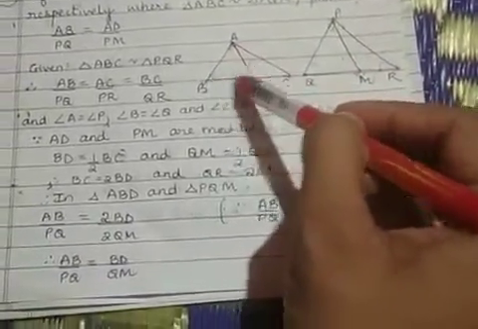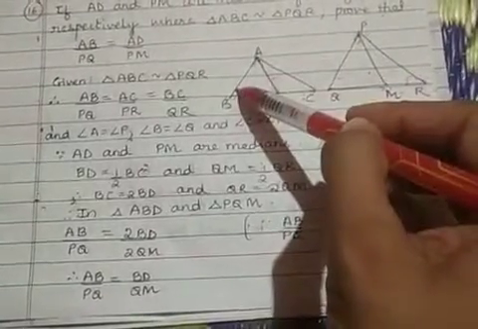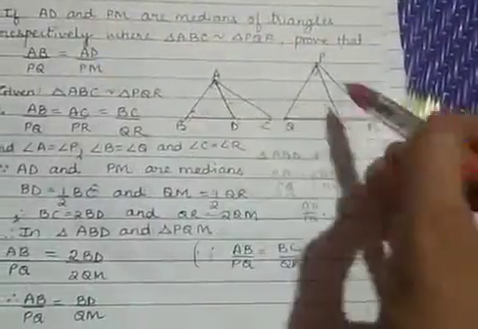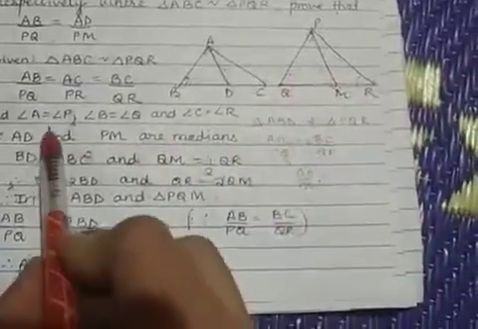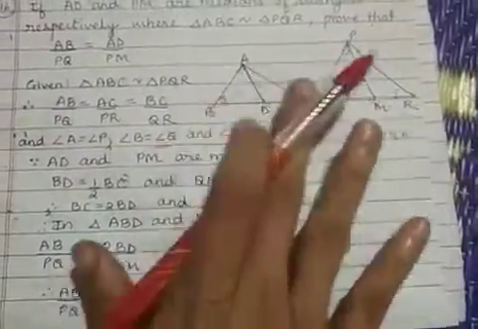So in triangle ABD and triangle PQM, we know that angle B is equal to angle Q. So now we got one angle equal.